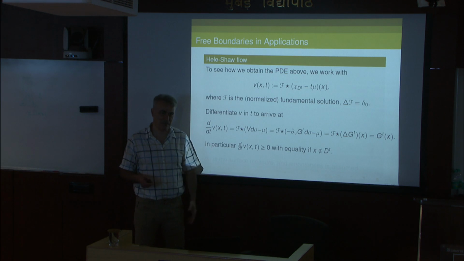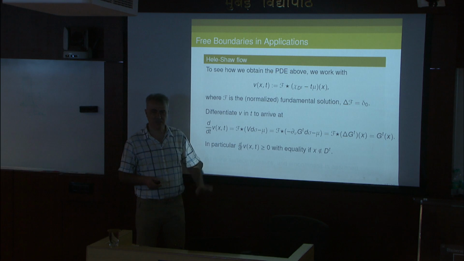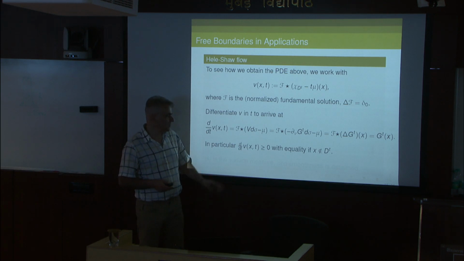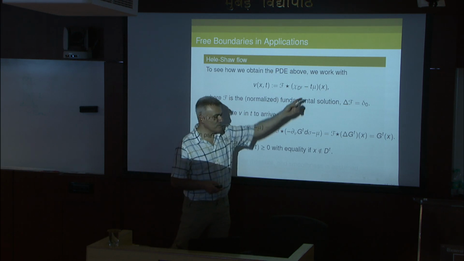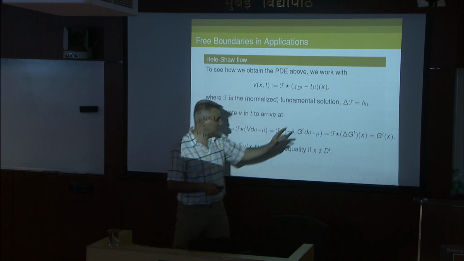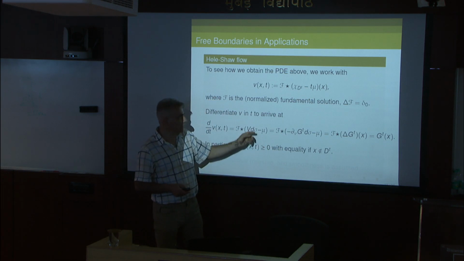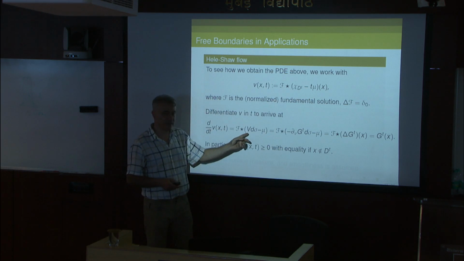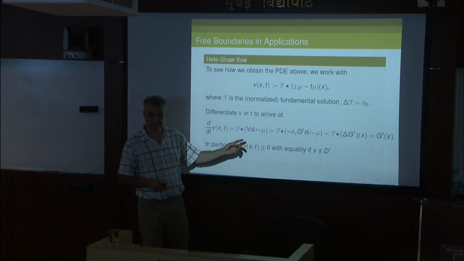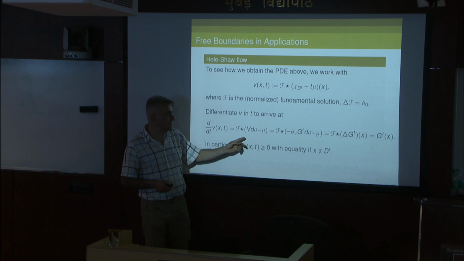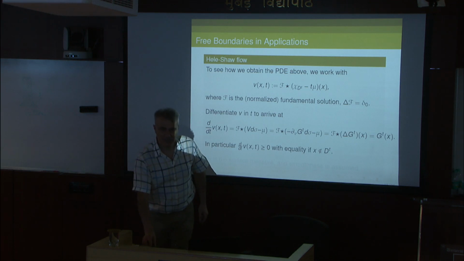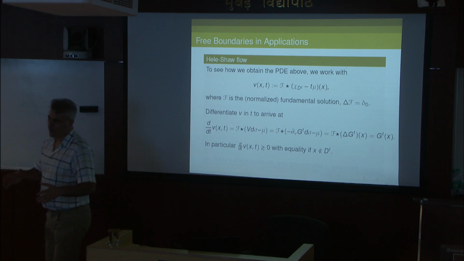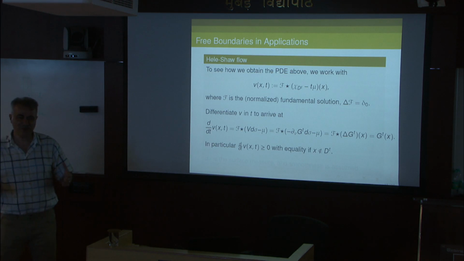You have to mathematically verify this, but let's say that we're good enough to accept that this we can do. So we go inside and take the derivatives. The derivative of this one, the t disappears. The derivative of this one, I'm writing it like this. And why is that? So take the derivative of the characteristic function of a domain. The only thing you will get is 0, 0, and something on the boundary.